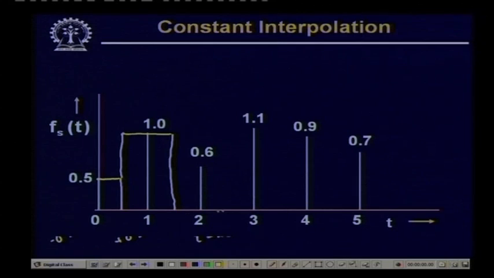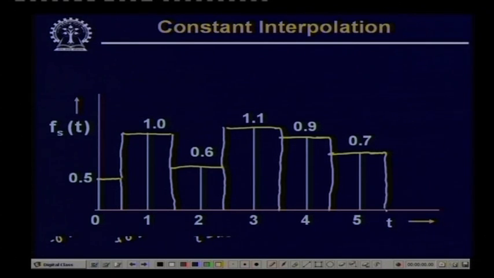From 1.5 to 2.5, the value of f t will be equal to f 2. From 2.5 to 3.5, the value of f t will be equal to f 3. From 3.5 to 4.5, the value of f t will be equal to f 4, and from 4.5 to 5.5, the value of f t will be equal to f 5.